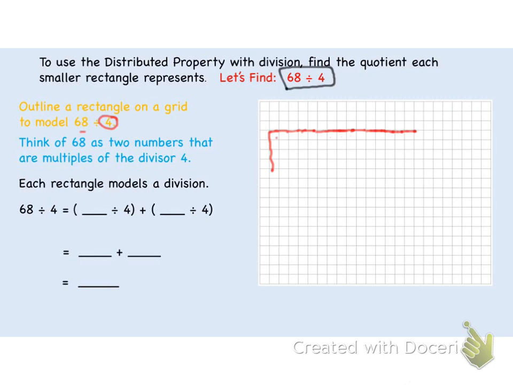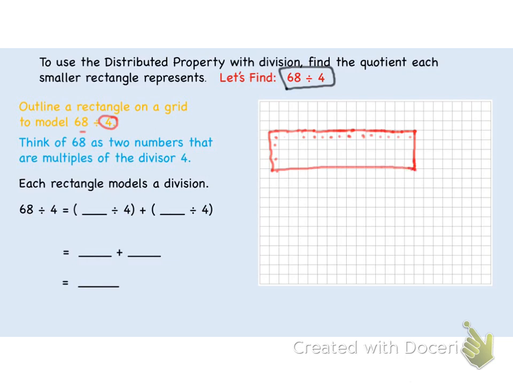There's 4 right here, and I have 1, 2, 3, 4, 5. I know that's 20. I know that 20 and 20 gives me 40. So 20 plus 20 plus 20 is 60. So I'm going to draw my line right there.